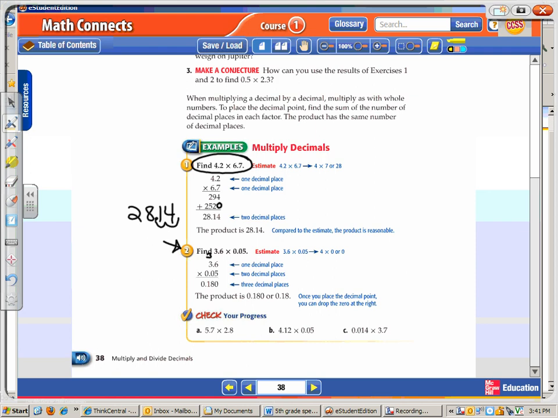Okay, and then what they did was they noticed that there's 1 place value on top and 2 decimal place values below, combined for 3 decimal places, moved it over 3, and then they put a 0 in the 1's place. Okay, so we also can write this product as 180 thousandths, or we can say 18/100. Okay, so written as 180 thousandths or 18/100.